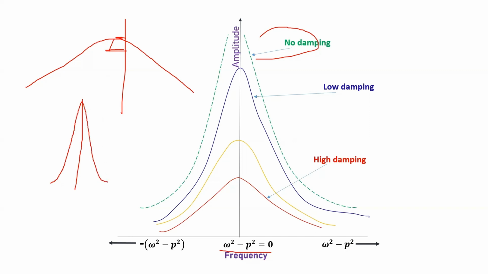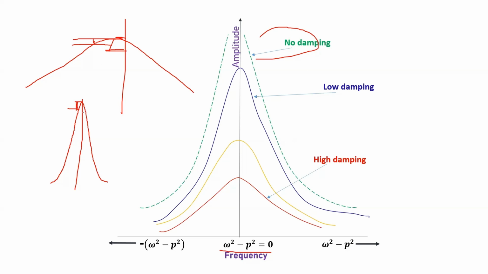In this case, what happened here? The small variation in the frequency causes a large fall of amplitude here. And in this case, in the small variation of frequency at resonance condition, the fall in the amplitude is less.